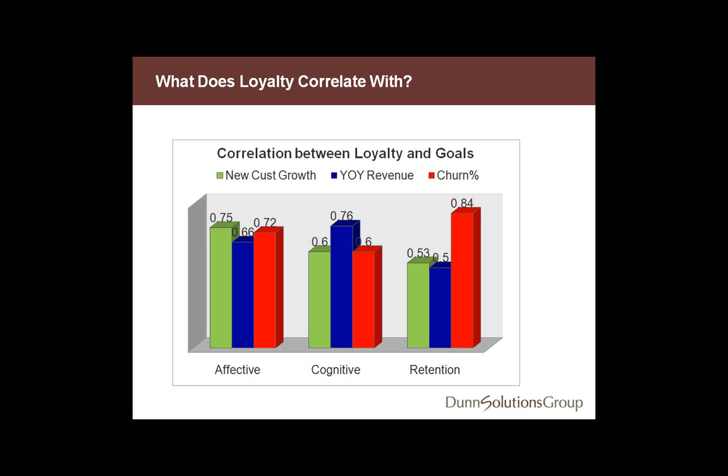On the other hand, if your goal is year-over-year revenue, then you want to focus on handling issues and addressing a variety of products and services to satisfy your cognitive customers. It's intuitive that retention loyalty is the best fit to decrease churn rate. For this, variety and return policy are key drivers.